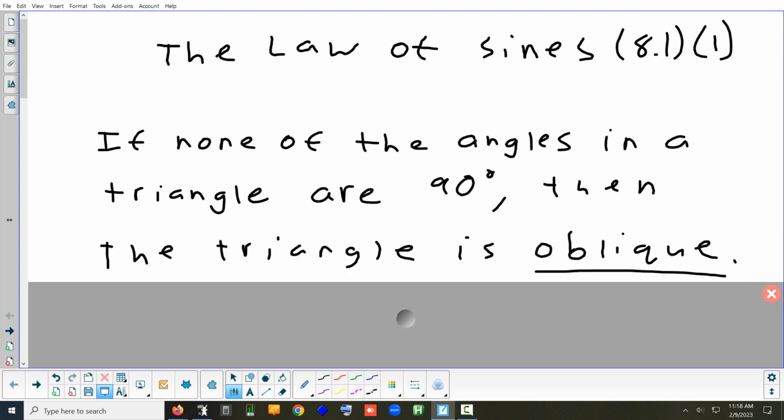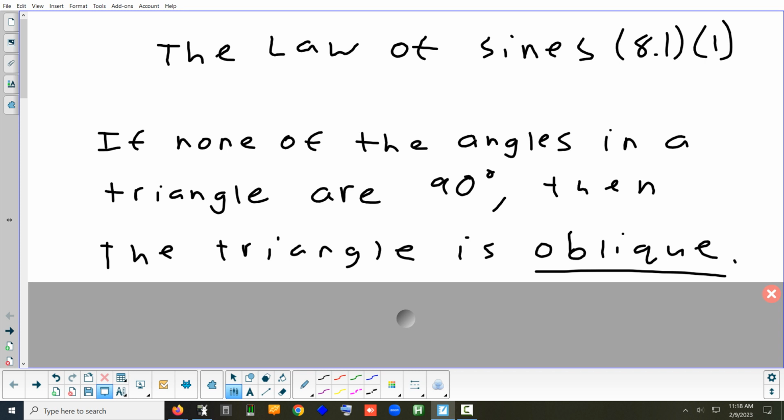So we've studied solving right triangles before, where you figure out all the sides and all the angles. You can use Pythagorean theorem. You can use the SOHCAHTOA, opposite over hypotenuse, adjacent over hypotenuse, and so on. But if none of the angles in your triangle are 90 degrees, then you do not have a hypotenuse, because the hypotenuse is across from the 90.